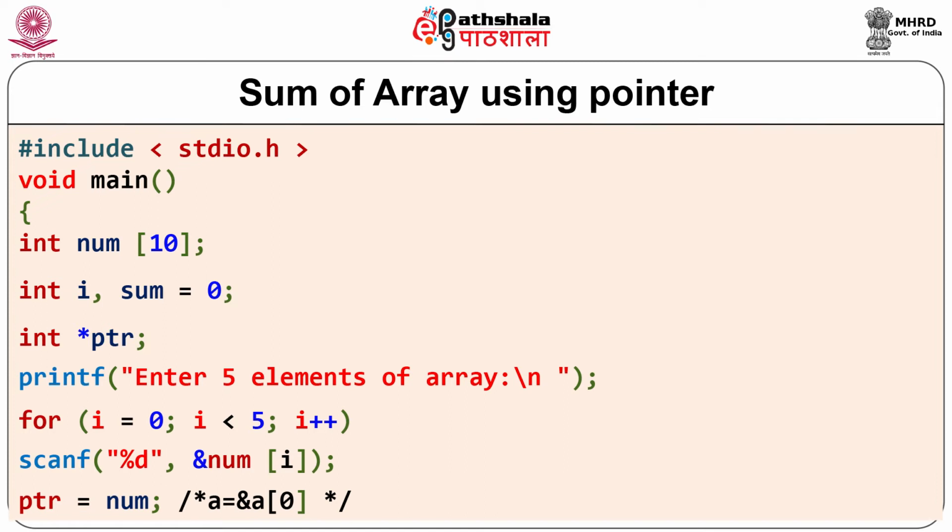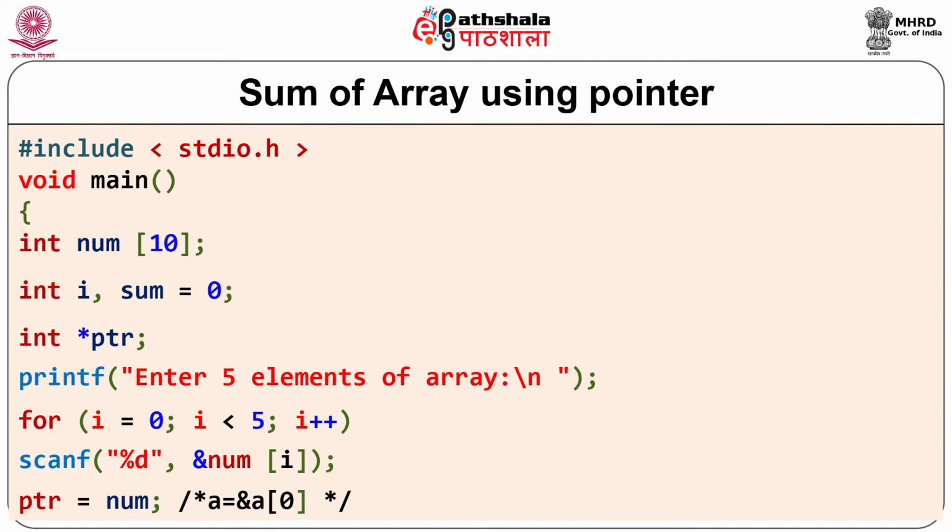Now we want to enter array elements and therefore we are using a for loop, for i = 0; i < 5; i++. scanf("%d", &num[i]). This will enter elements in the array from 0 to 5.